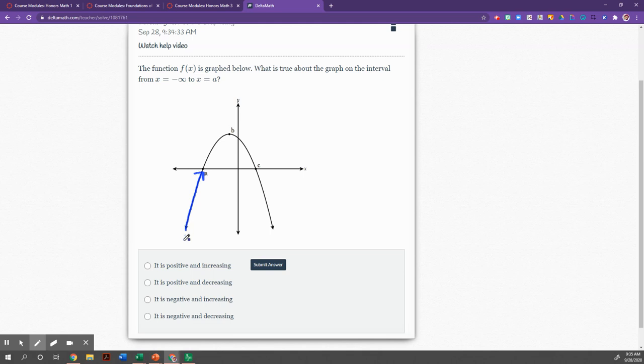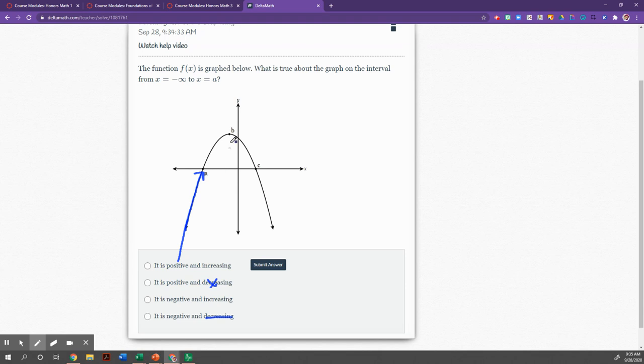I know the arrow is telling me it's going off into infinity, but you just pick wherever that is. I could have started here and said, I'm going to draw straight up. Because I'm starting down here and going uphill, I'm increasing. So this answer choice is out, this answer choice is out.